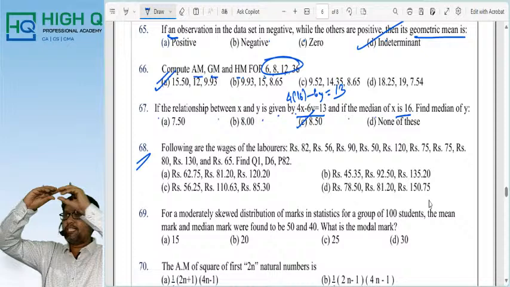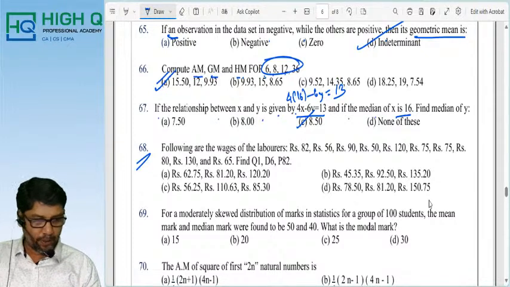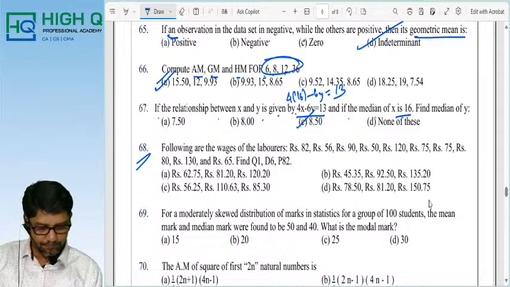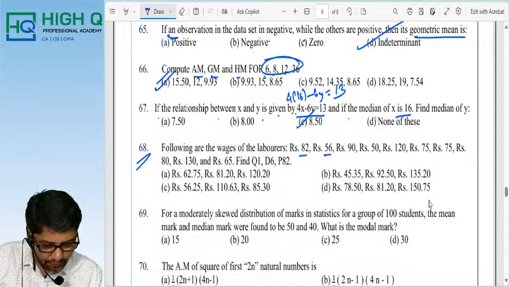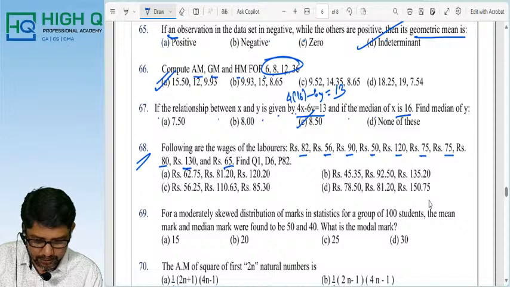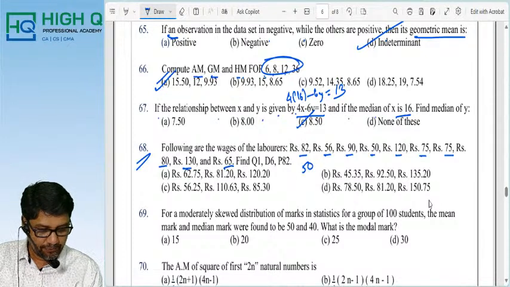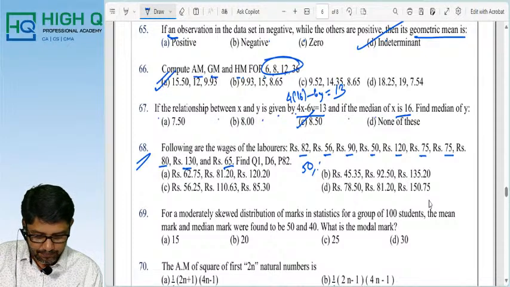Now, what is the next one? First, we need to arrange them in ascending order. Can you please arrange it in ascending order? What is the smallest one? 82, 56, 90, 50, 120, 75, 35, 50. Total 10 observations, right? 50. Next. 56.